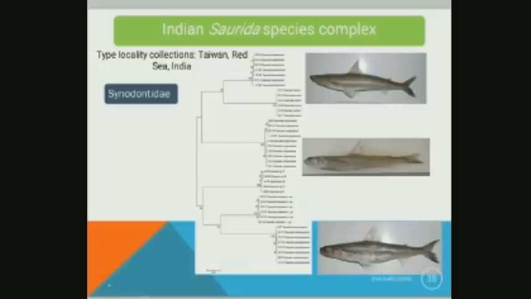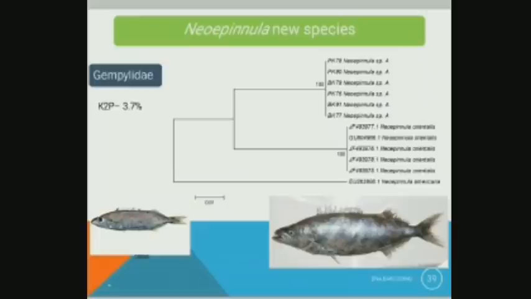Even cryptic speciation was observed, like when we checked it would have been four or five species. But when we go into detail using morphological and molecular means, we are able to come up with a lot of new species which were not reported earlier. This is one particular group, like the genus Aridae. This particular study has been carried out. This is again a new species.